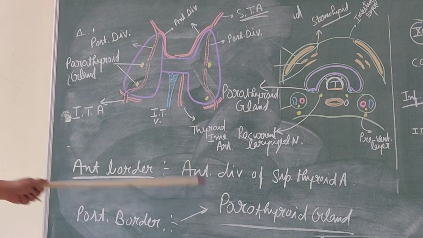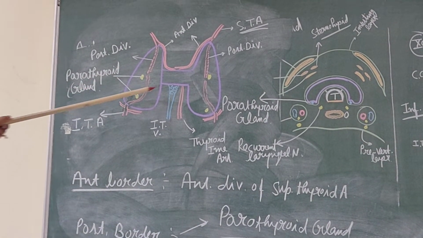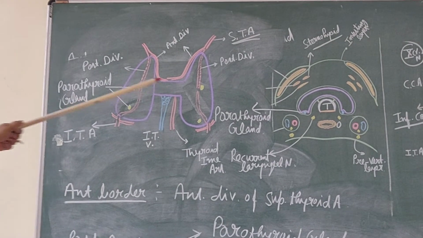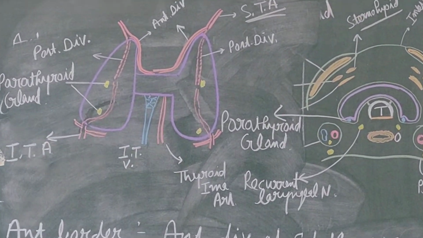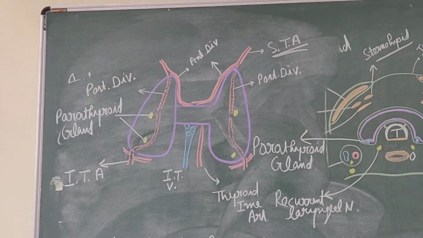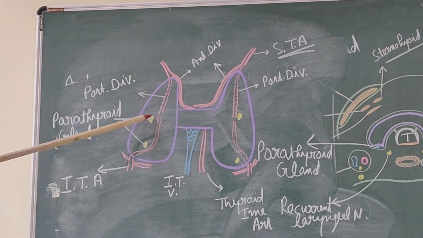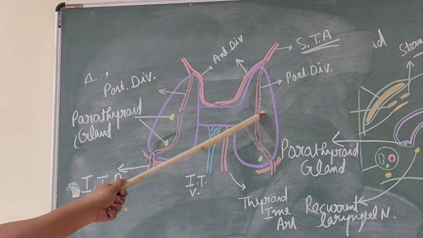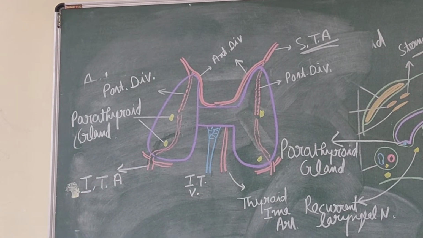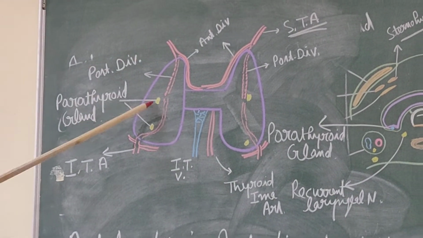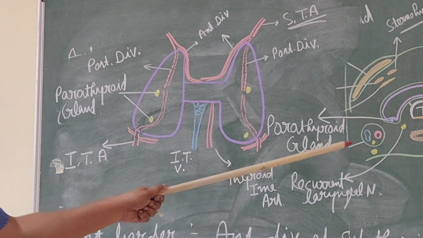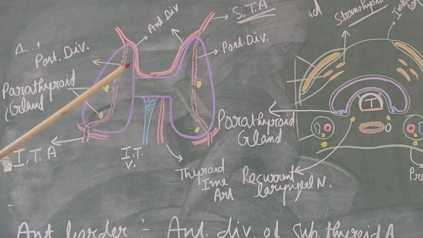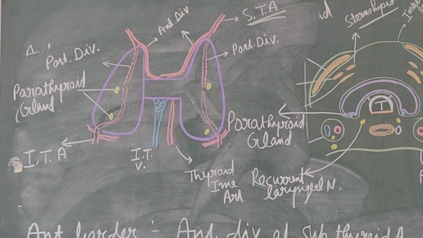These parathyroid glands are two pairs, present on each side: two on each lateral lobe of the thyroid gland, the superior parathyroid gland and the inferior parathyroid gland. On the opposite side, also the superior and the inferior parathyroid glands. These are present on the posterior border of the lateral lobe of the thyroid gland.